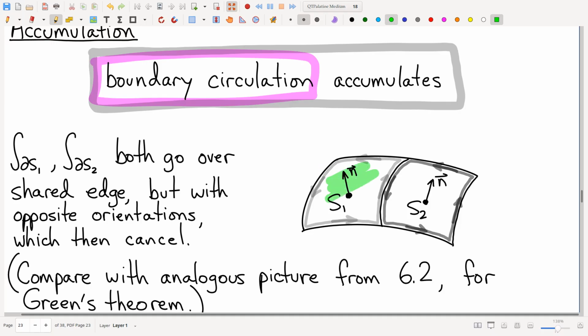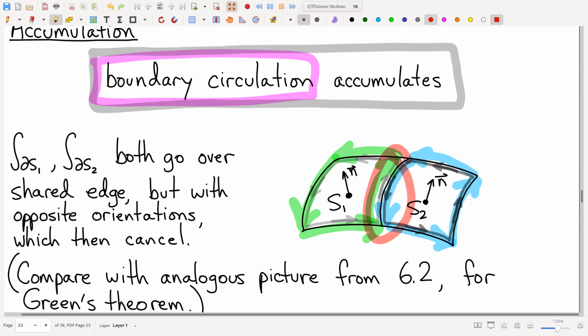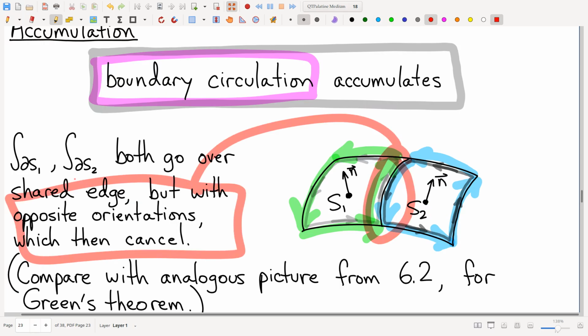For example, if I look at boundary circulation around the left piece, and boundary circulation around the right piece, paying attention to the orientations, following the rule that we just discussed, the boundary circulation of the left plus the boundary circulation of the right leads to a cancellation, which we've seen several times.